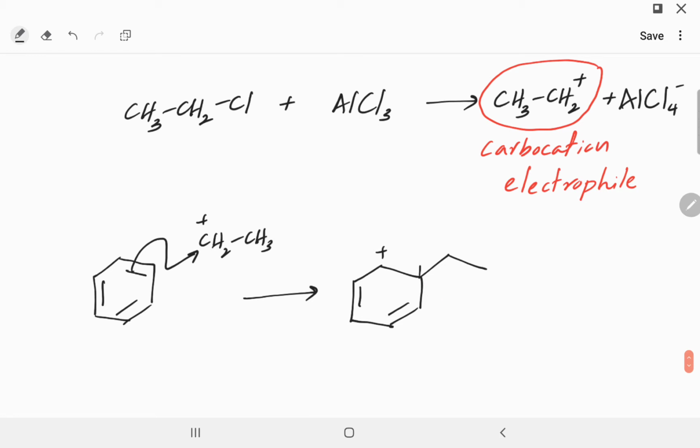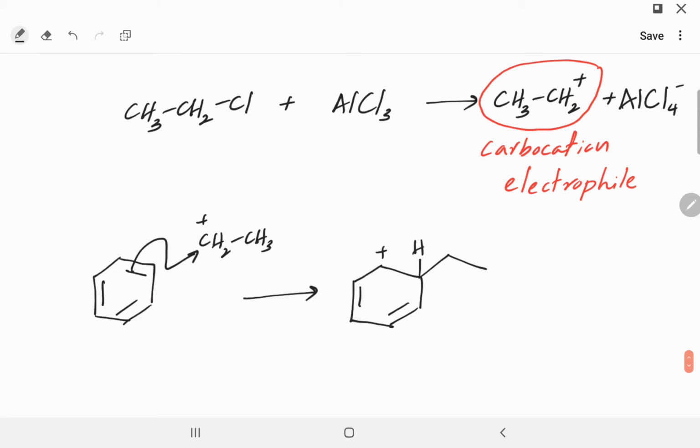But here is the problem. Aromatic compounds have a conjugated pi electron system, so they are very stable. But once it takes an electrophile by using the pi electrons, you no longer have a conjugated pi electron system, so it will lose the aromaticity.